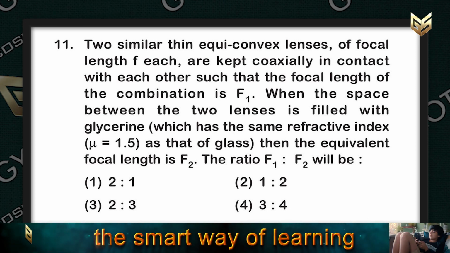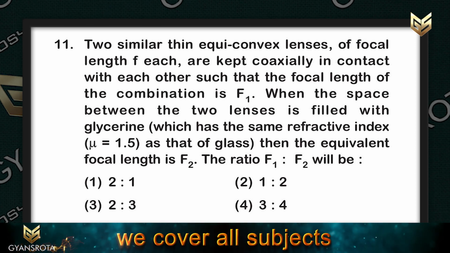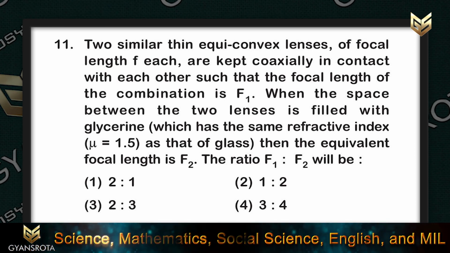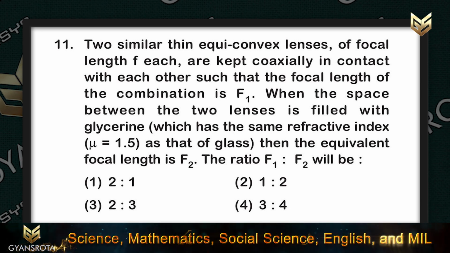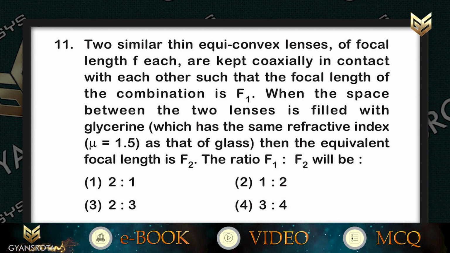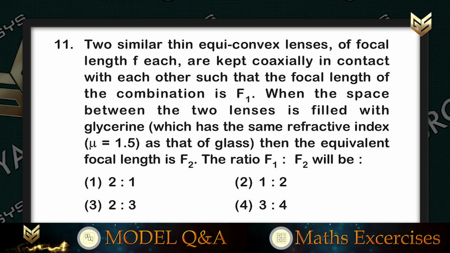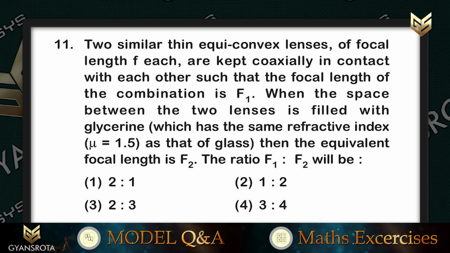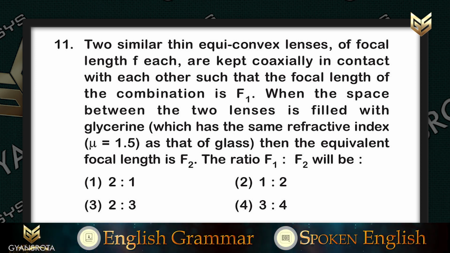The combination of two convex lenses is f1. Then the space between the two lenses is filled with glycerin. Now the two lenses are a bit separated and glycerin is kept in between, which has the same refractive index, that is mu equals 1.5, as that of the glass. Then the equivalent focal length is f2.